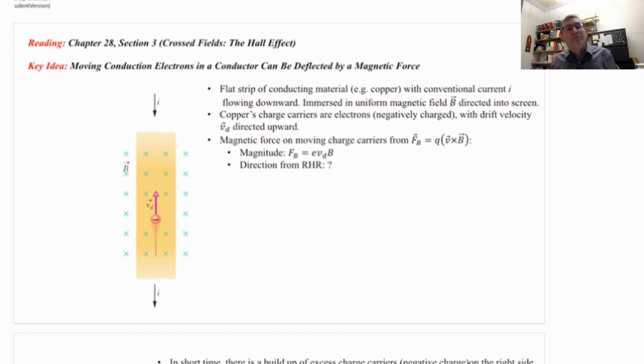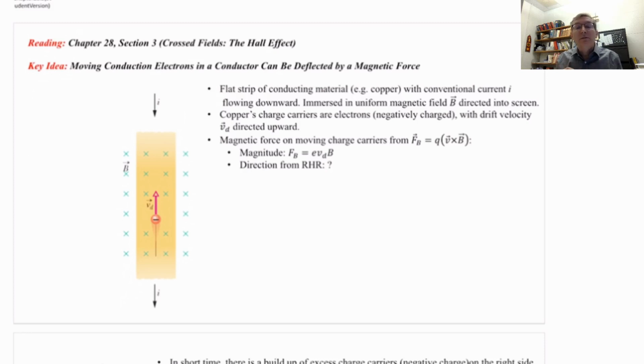This lecture, video lecture 28.2, is going to be focused on one specific application of the physics of a moving charged particle in a magnetic field combined with a charged particle in an electric field.